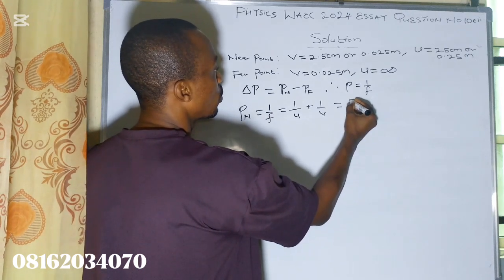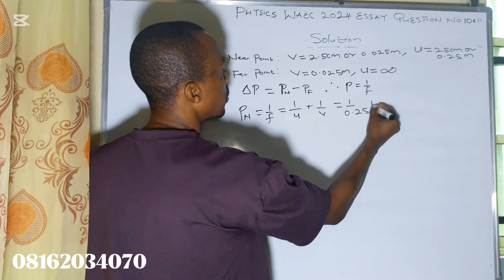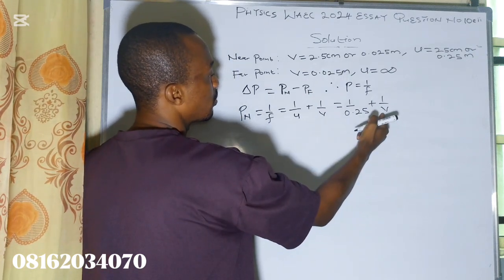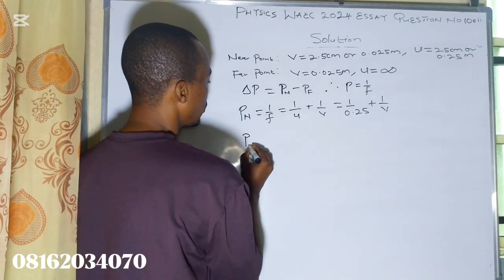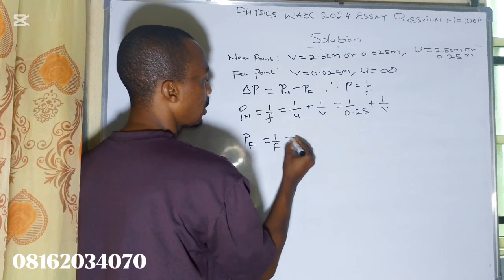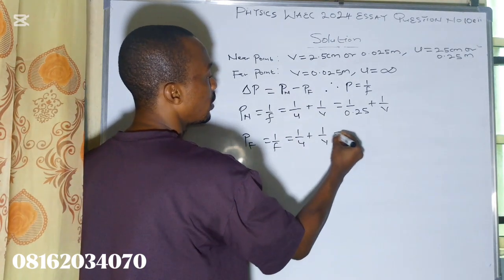Our object distance will be 0.25, so it is 1 over 0.25 plus 1 over v. I'm supposed to substitute for v, but I won't, and I'm going to explain when I write the equation for the far point. This will be 1 over f equal to the same formula, 1 over u plus 1 over v.